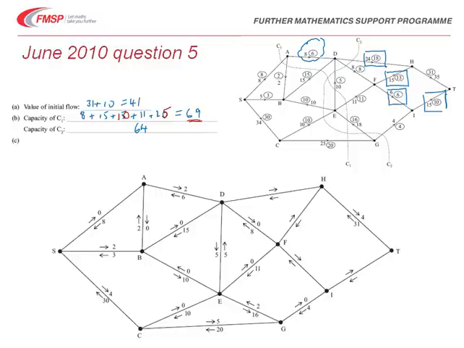Now looking at DH, there's currently a flow of 18, so the possible reduction is 18, but with a capacity of 24 we could possibly increase that flow by 6.